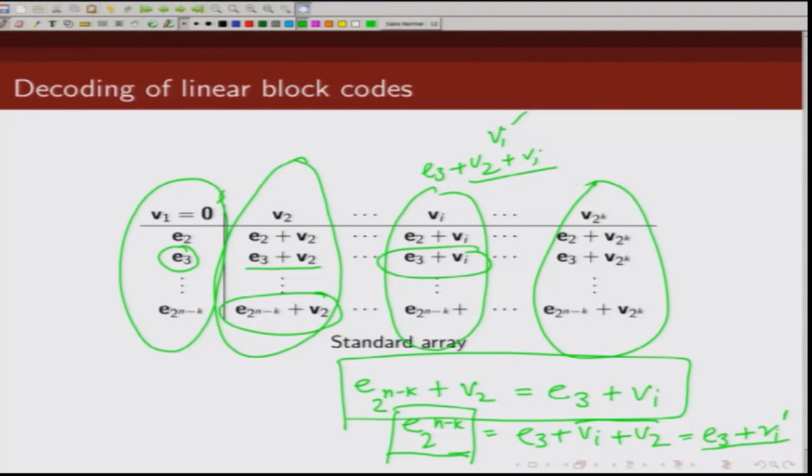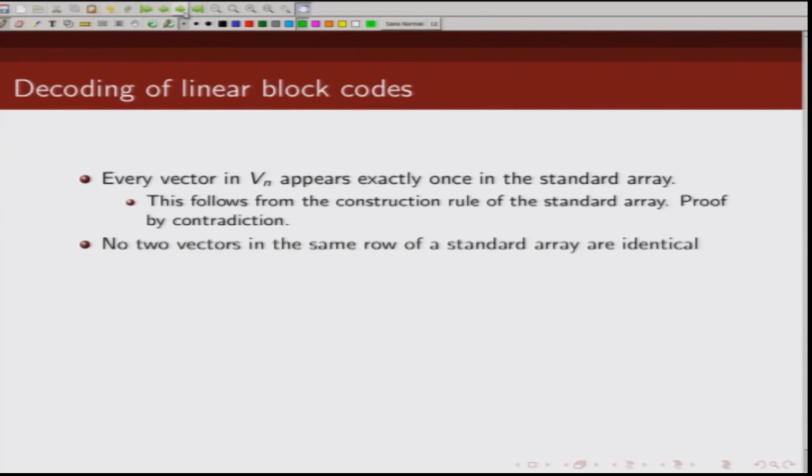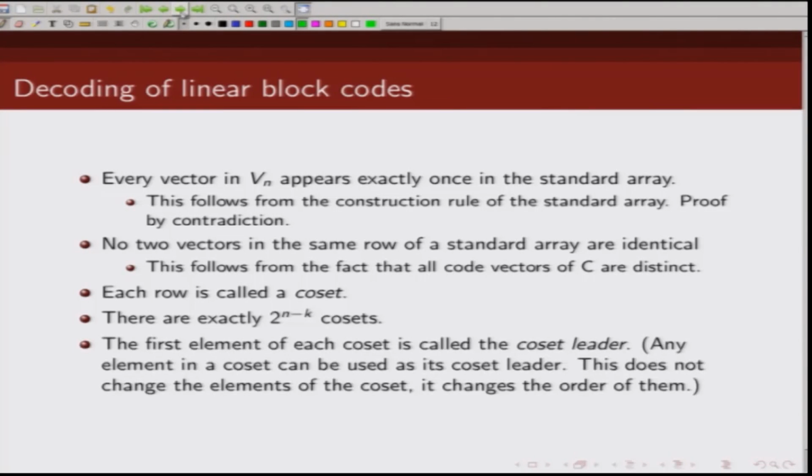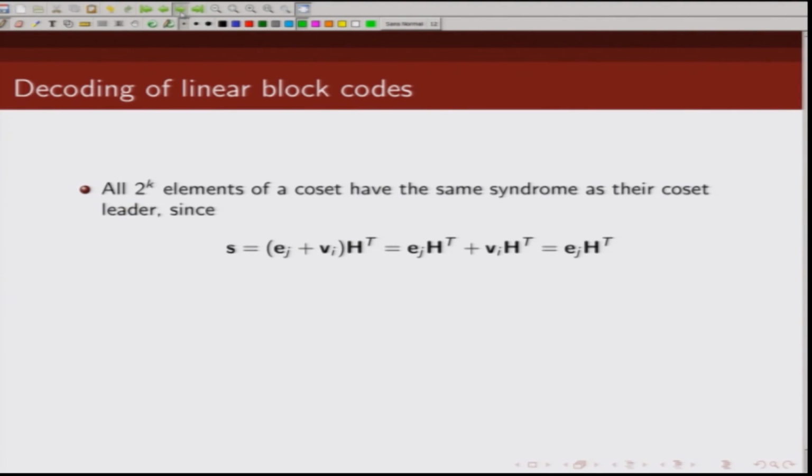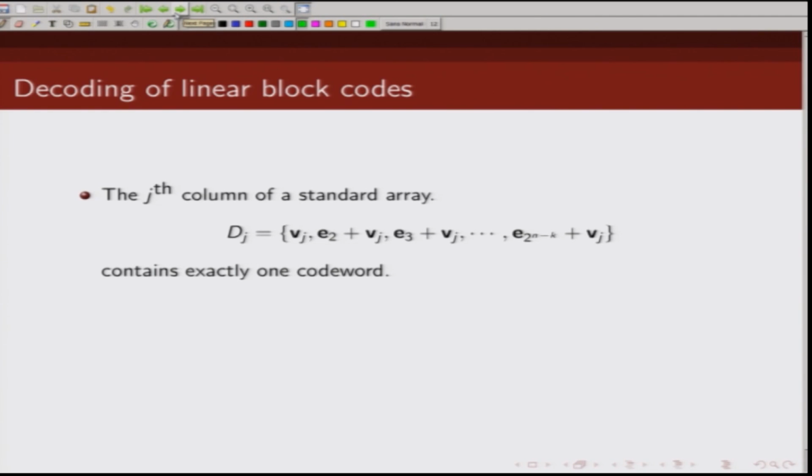And another thing of interest, if you look at each of these partitions, this partition has the all-zero vector, this partition corresponds to V2, this partition corresponds to Vi, this partition corresponds to V2 raised to k. So, this is the point I am trying to make, that the way we have created the standard array, if you look at the jth column of the standard array, it contains exactly one code word.